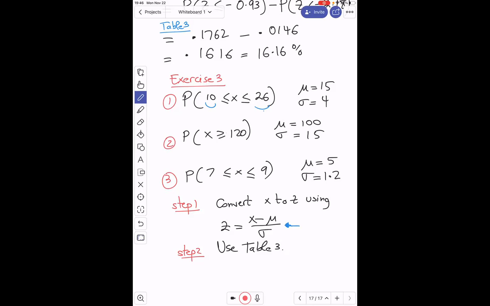And then after that, guys, I think we can have some real life problems, and we'll see how to use this formula, how to convert this x to z.